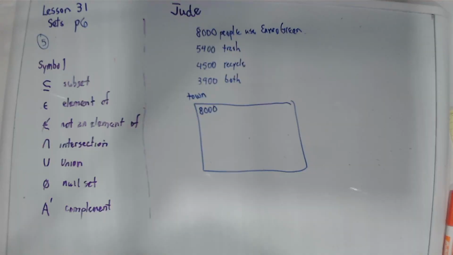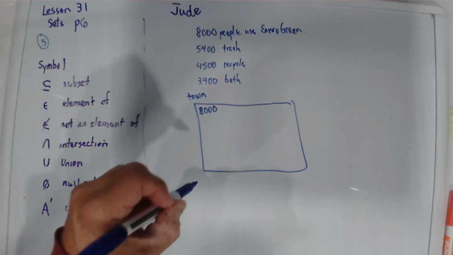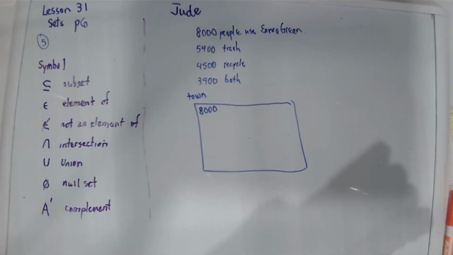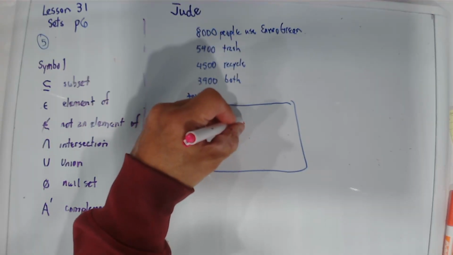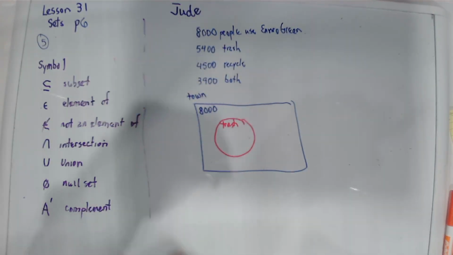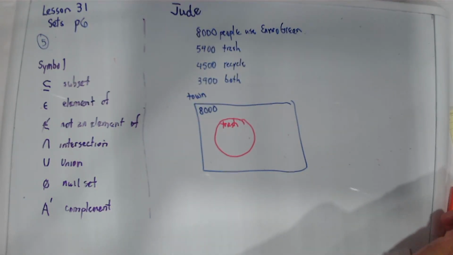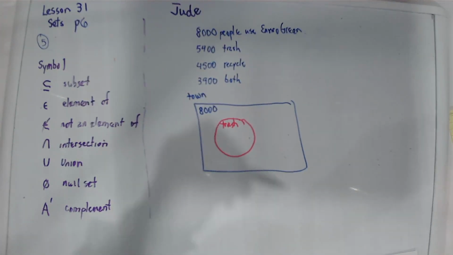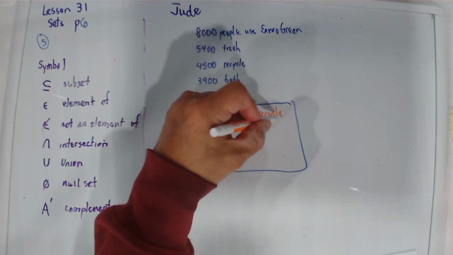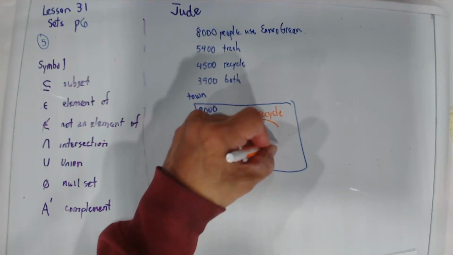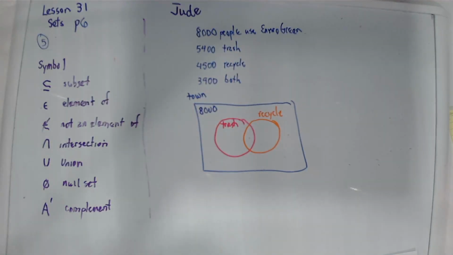So what they want to have here, we have those that do the trash pickup, and then we have those that do recycle, and then we have the ones in the middle that do both.